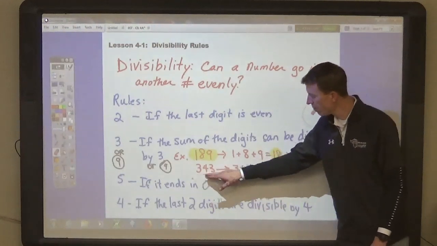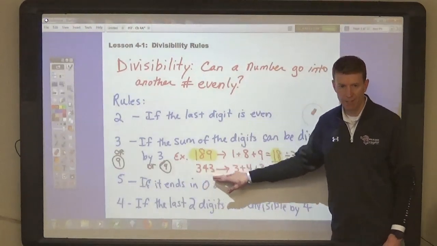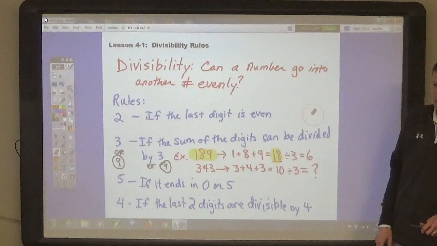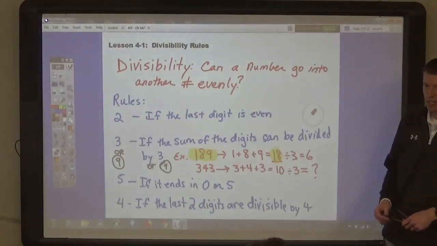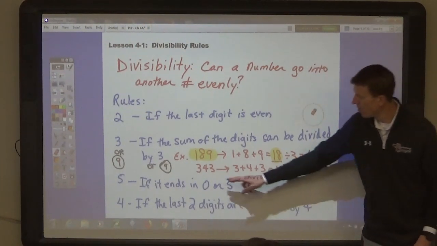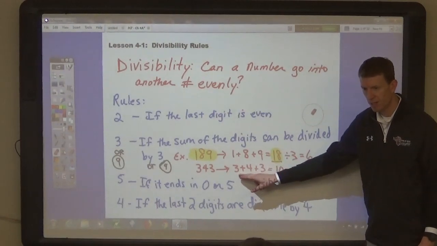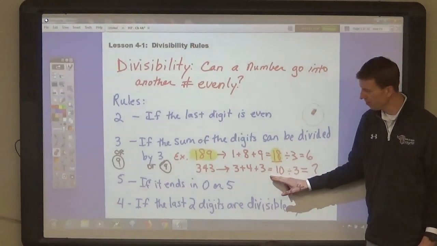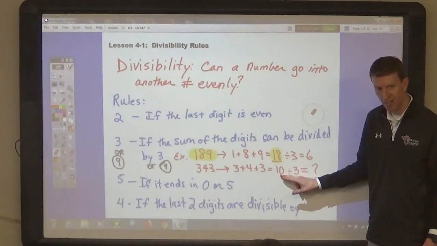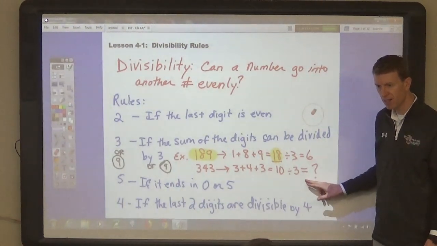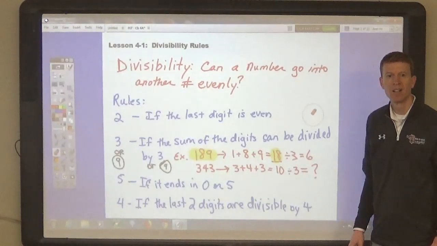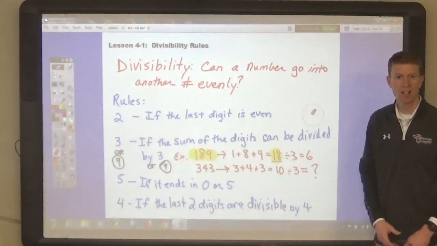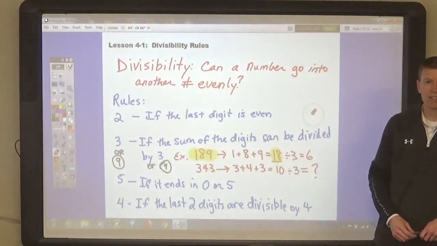How about 343? Is that divisible by 3 or 9? What's the sum of the digits? It equals 10. Is 10 divisible by 3? No. So is 343 divisible by 3?